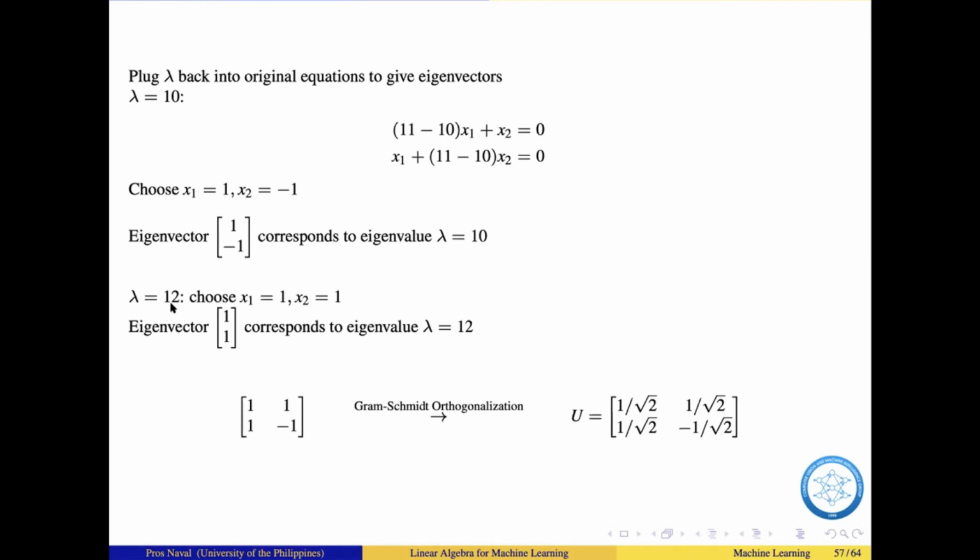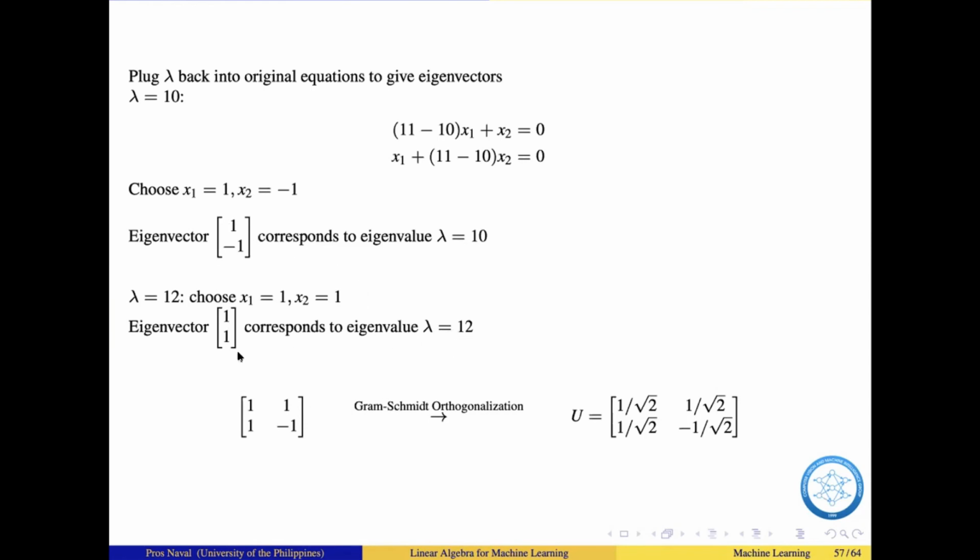Then for lambda equals 12, we choose x1 equals 1, x2 equals 1, and this eigenvector corresponds to the eigenvalue lambda equals 12.